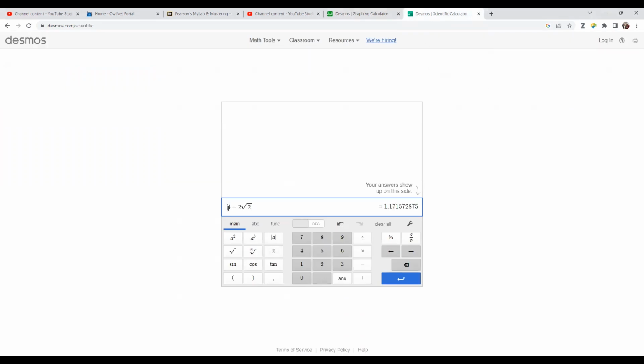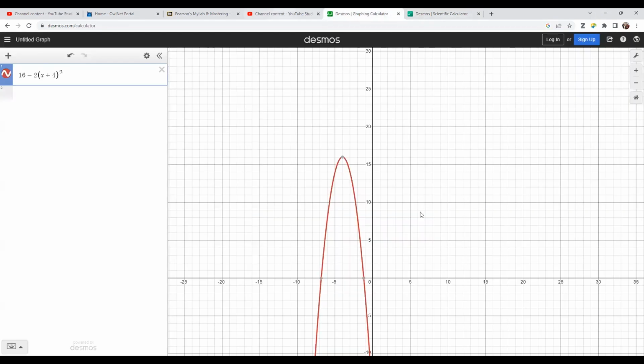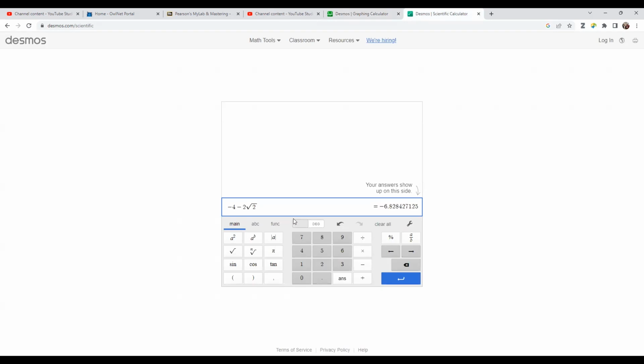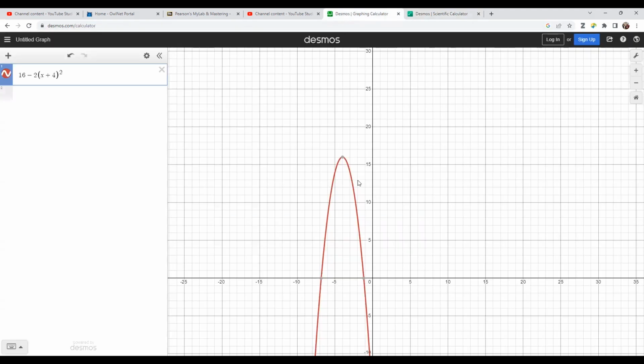Okay, so minus 4. Minus that, I get minus 6.828. And that's here. And then I'm going to do the plus. That should give me the other one. Negative 1.17. Negative 1.17 looks good.